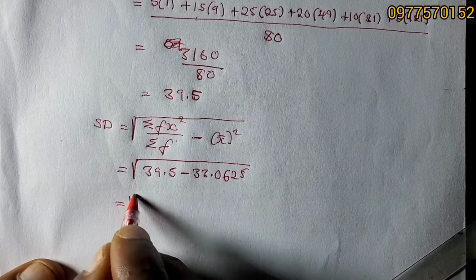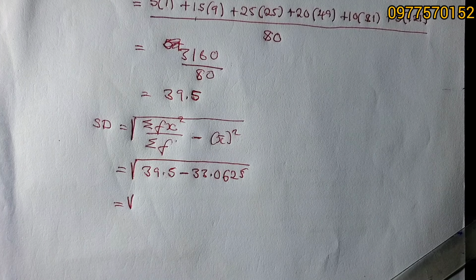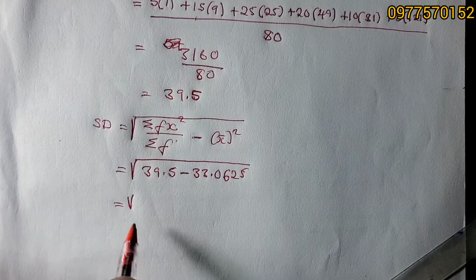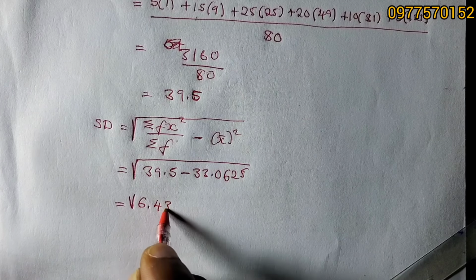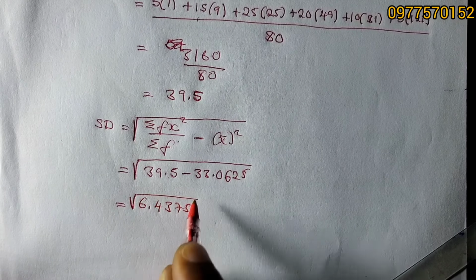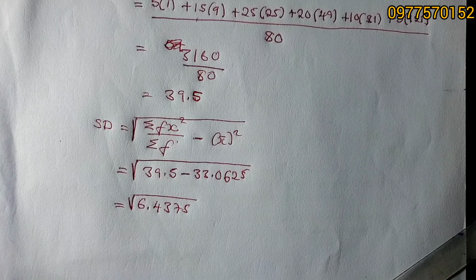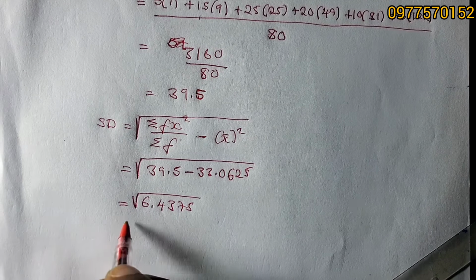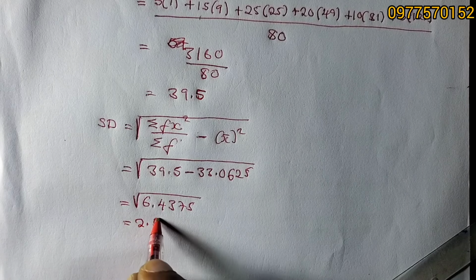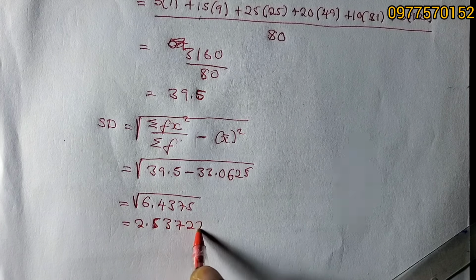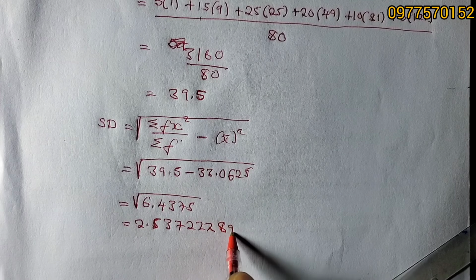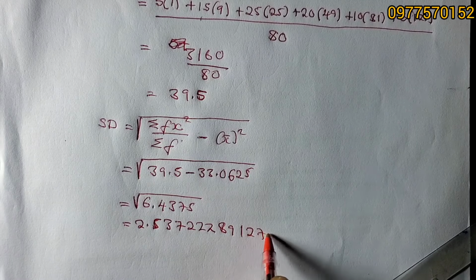Now, the square root of, when you subtract, you're going to have the square root of 6.4375. Now, what is the square root of this answer? The square root is 2.533722289123.